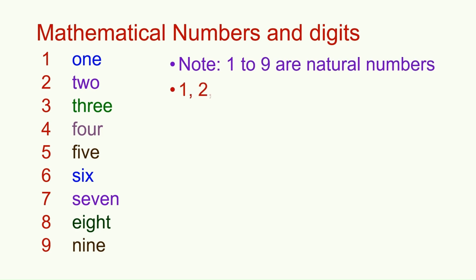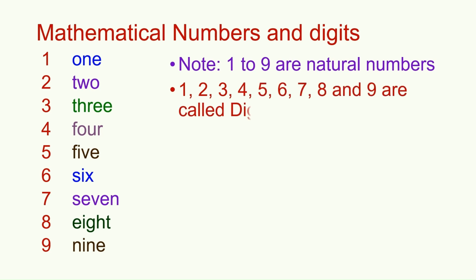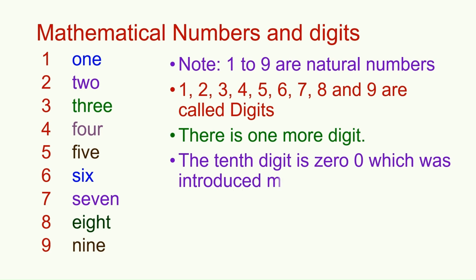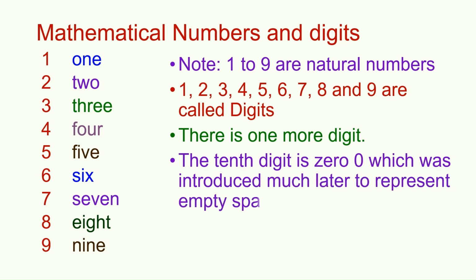Please note, 1 to 9 are natural numbers. 1, 2, 3, 4, 5, 6, 7, 8, and 9 are called digits. There is one more digit, the 10th digit, that is 0, which was introduced much later to represent empty space or nothing, although the counting was there beyond 9.